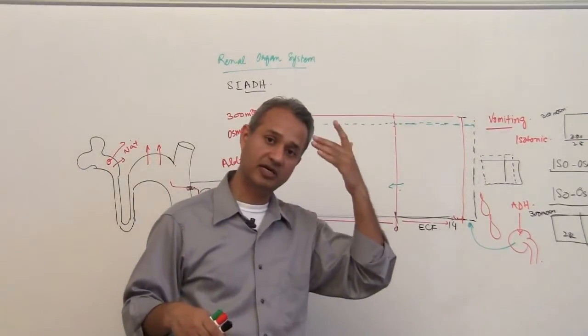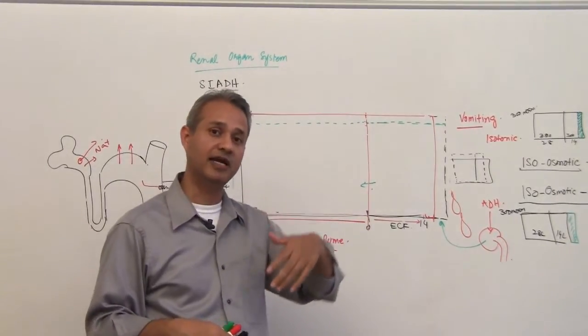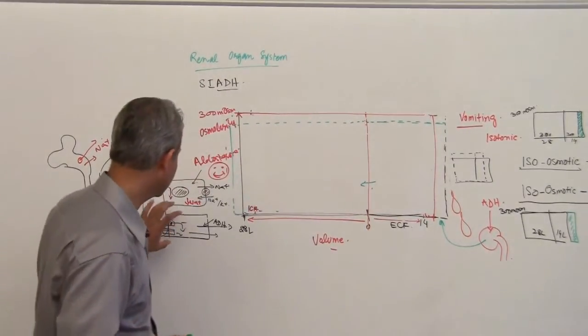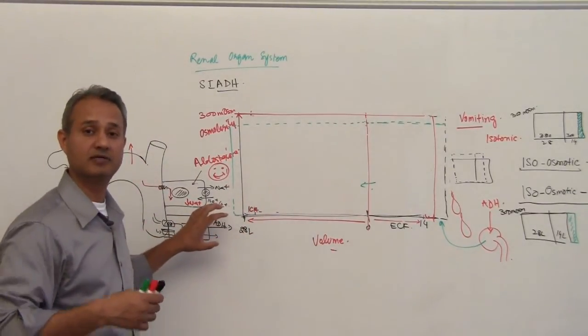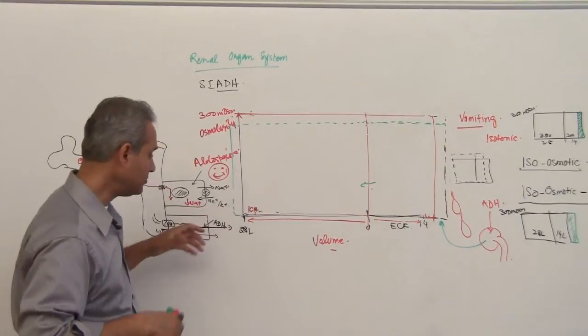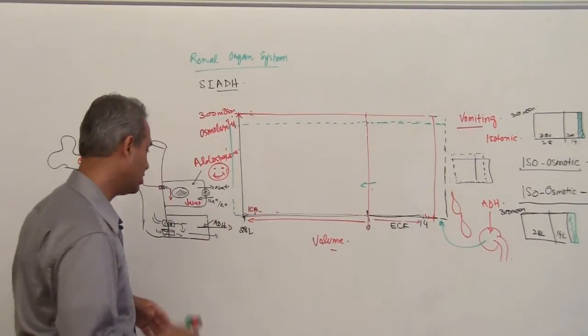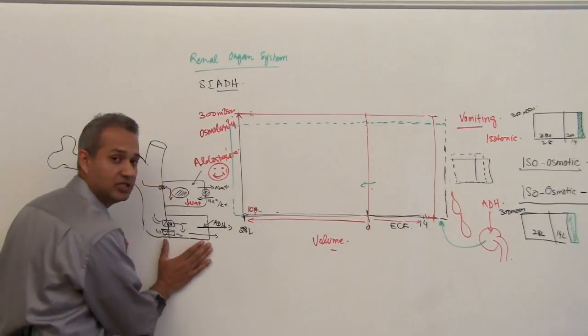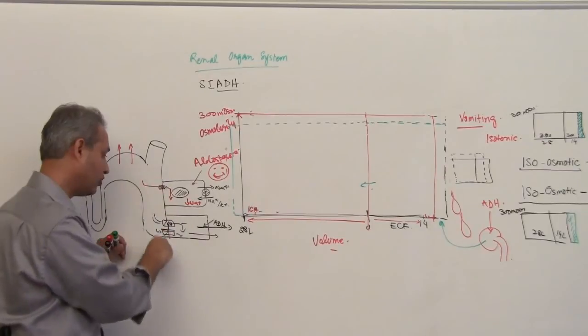Either there could be a centralized problem that the pituitary and hypothalamus are not working very well for the ADH, or there could be a problem on the kidney cells that ADH is present but it cannot do its action. So you could have a nephrogenic problem or you could have a central problem, but long story short, when the ADH is less here or ADH's action is less over here, more water would be lost.